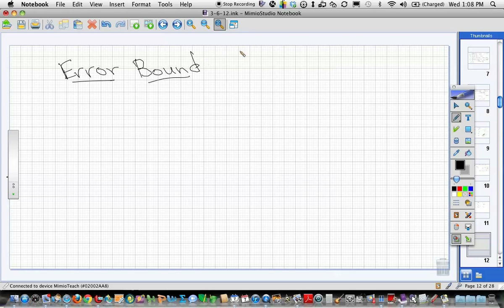Now, to me, that's very similar to talking about max error. Now, they're not exactly the same thing, but they're very similar. We'll use them almost synonymously.